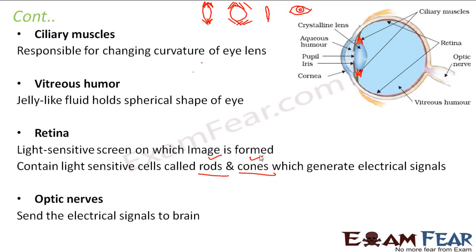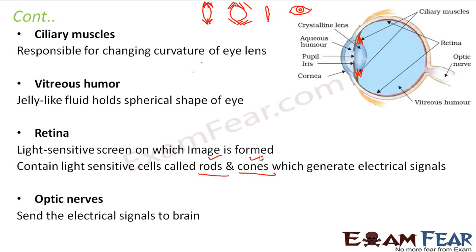For example, I will give you an example. Let us suppose you are standing in front of a school, right? The purpose of your eye is to form an image of the object which you are seeing. What is the object that you are seeing? You are seeing a building, right? So the purpose of the eye is to form an image of that building. So it has formed a real and inverted image of that building on your retina. But what makes you understand that this is a school or this is a building, that is done by your brain.